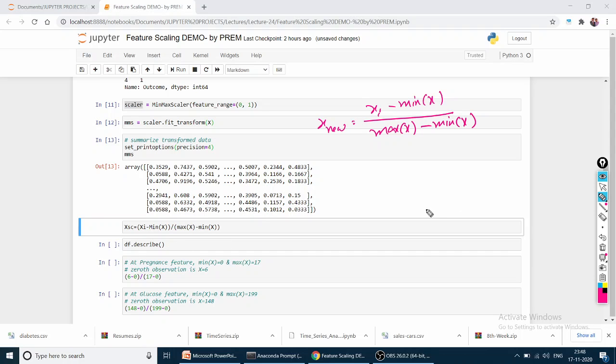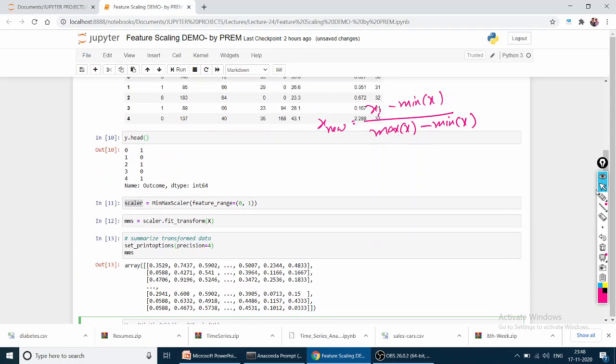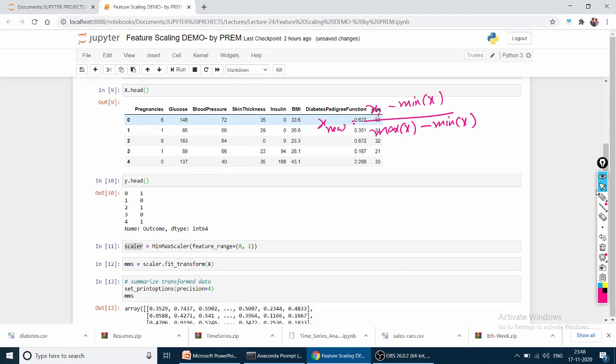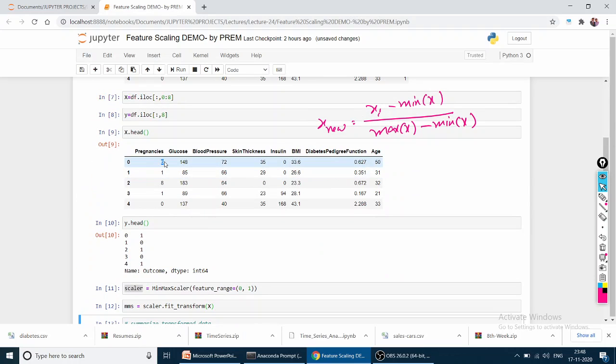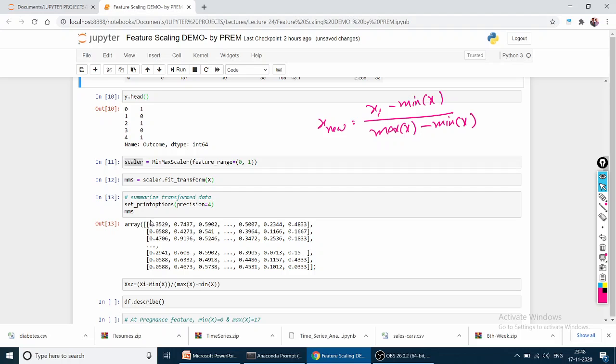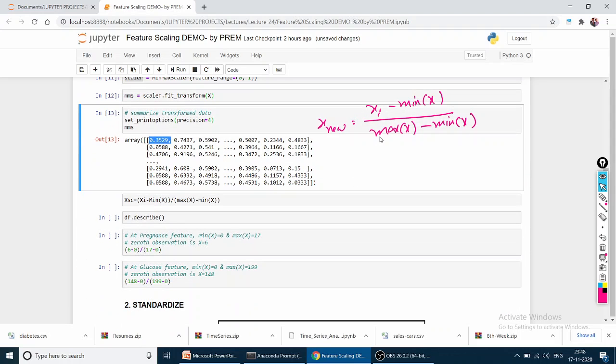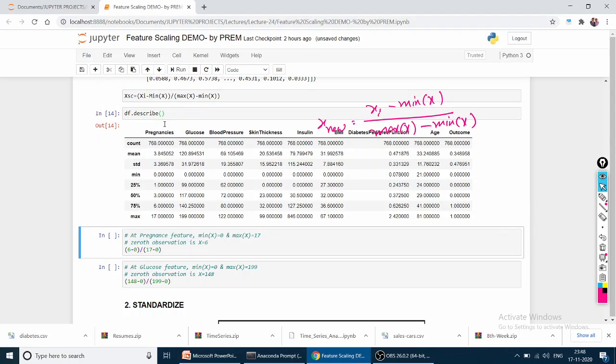Suppose in the pregnancy column, we have to see how the value 0.3529 came from the original value. The original value is converted like this using the formula.